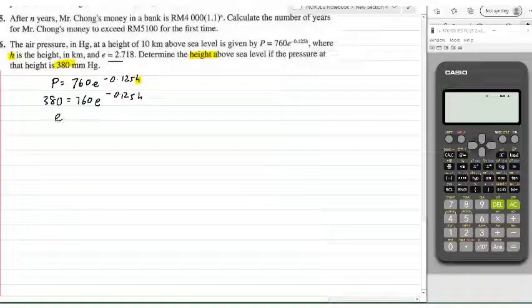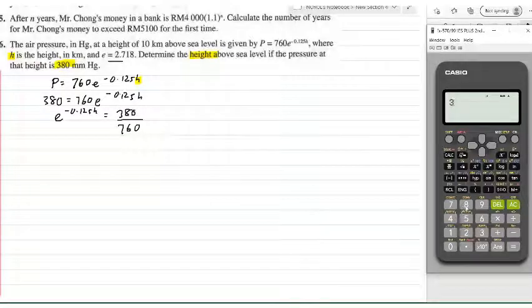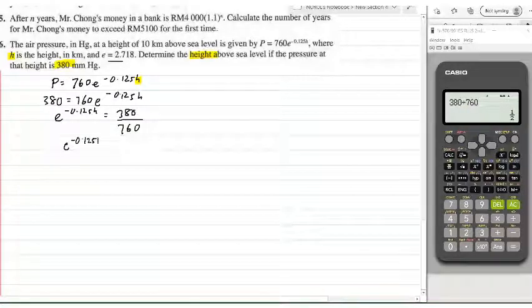Then e to the power of negative 0.125 h is equal to 380 over 760. The calculator will give the answer 1 over 2. So here e to the power of negative 0.125 h equals 1 over 2.